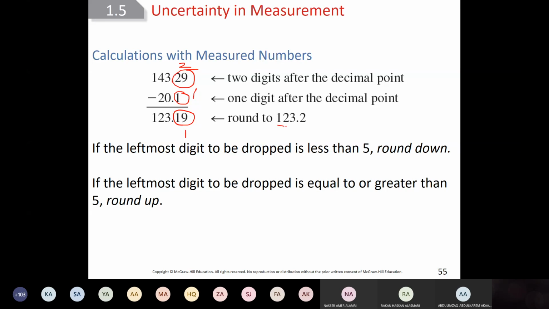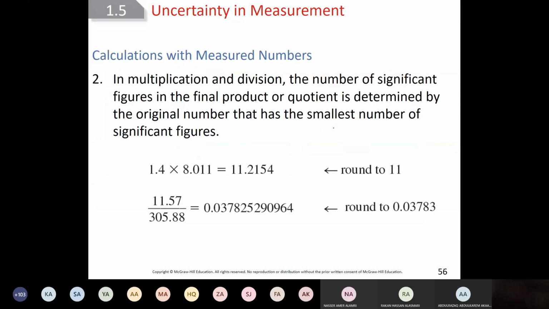So you should round it to 3.2. After you finish, how many significant figures do you have in this number? 5. And this number? 3. And your answer, how many significant figures? 4. I hope this is clear. Good. That's for addition and subtraction.